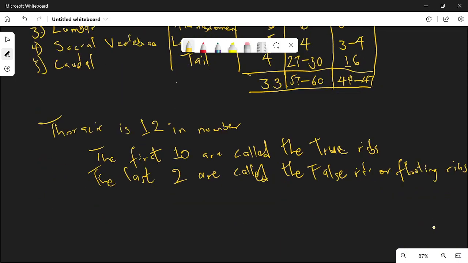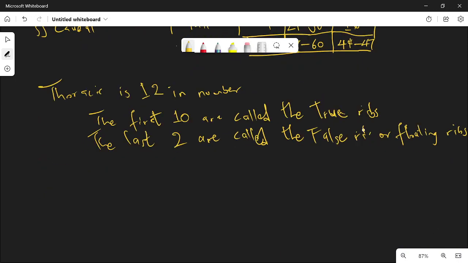The last two are called the false ribs or the floating ribs.